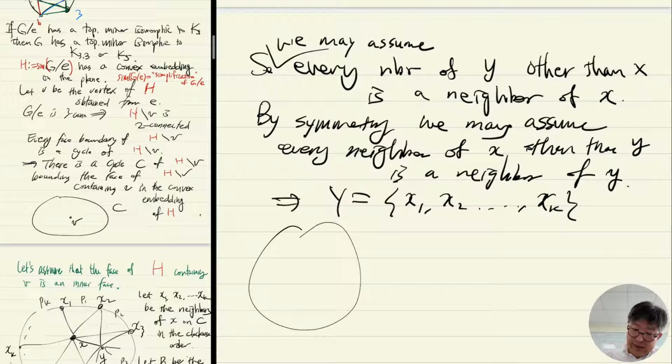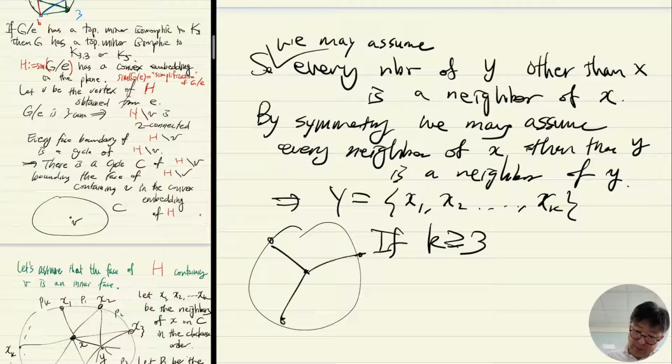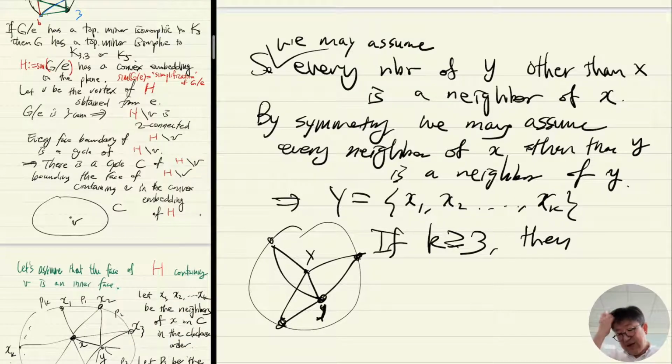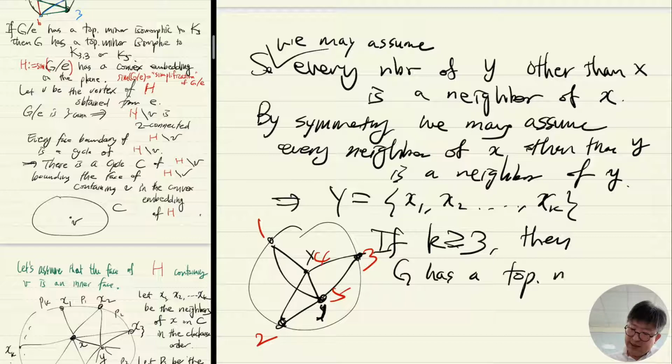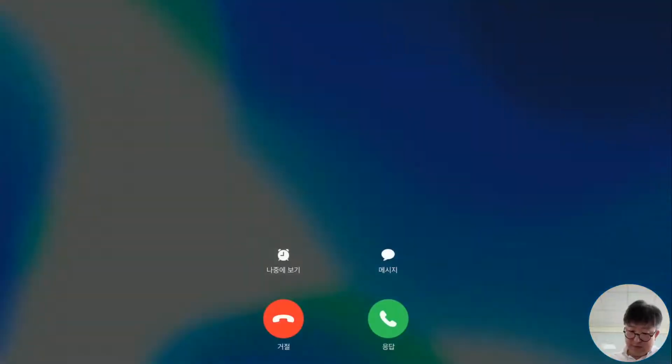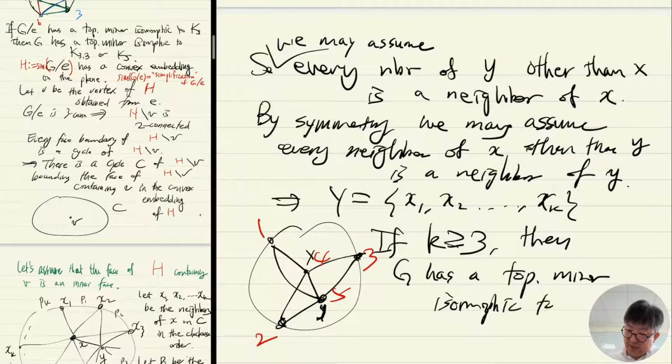Now, if k is at least 3, so both x and y have at least 3 common neighbors, then you have a K5 topological minor. 1, 2, 3, 4, 5. G has a topological minor isomorphic to K5.